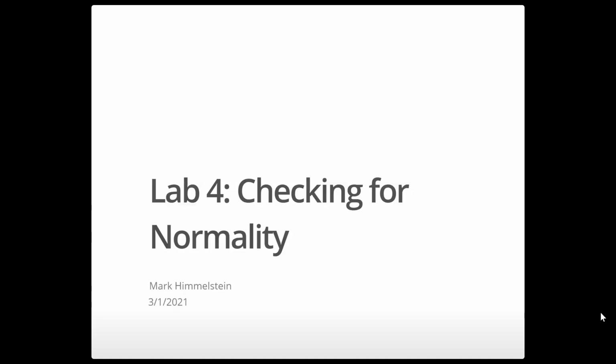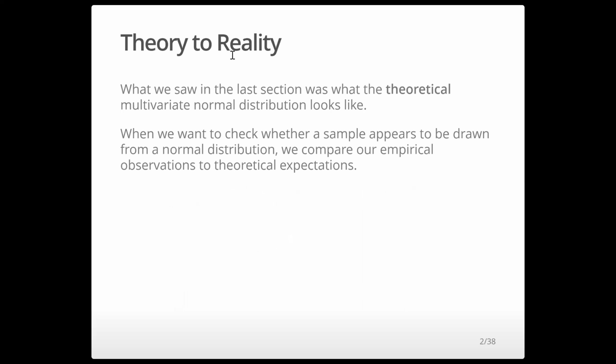So now that we've got some hopefully new insight into the multivariate normal distribution, let's look at some of the practical issues in terms of checking whether our data might be normally distributed. The way we do this is that we compare empirical results to our theoretical expectations.